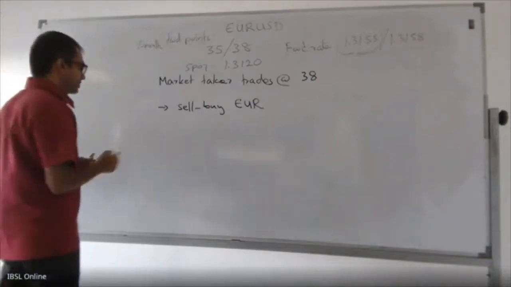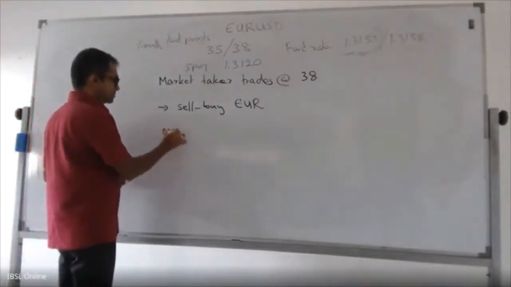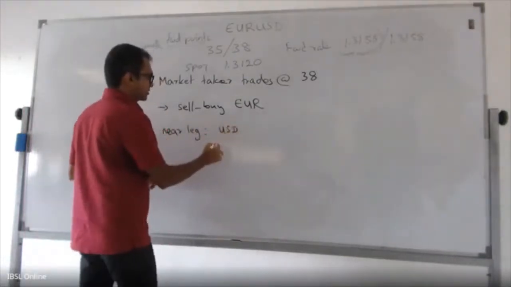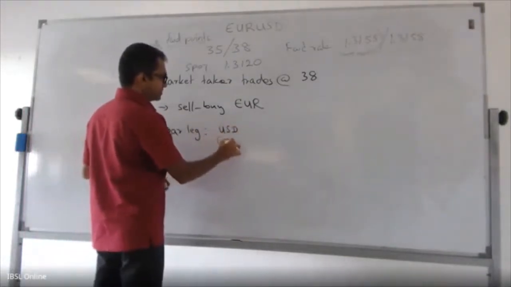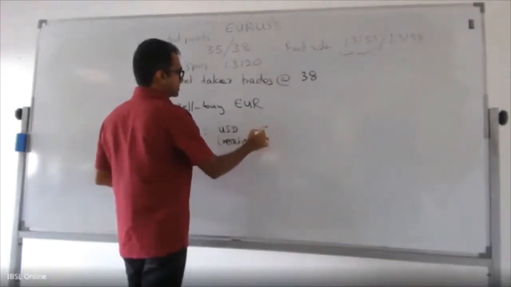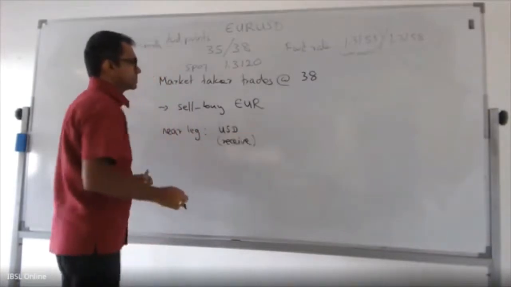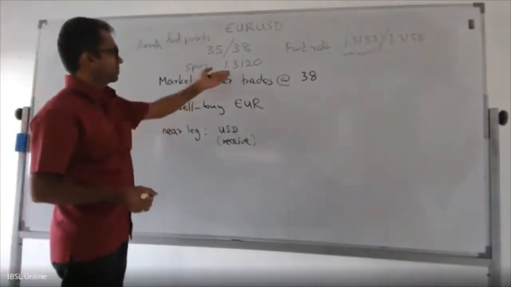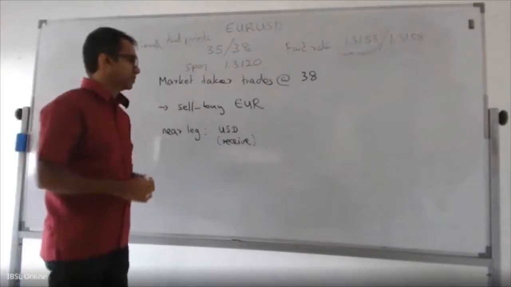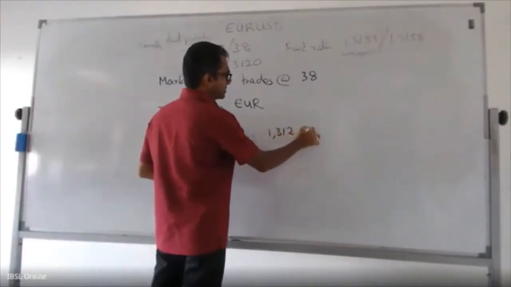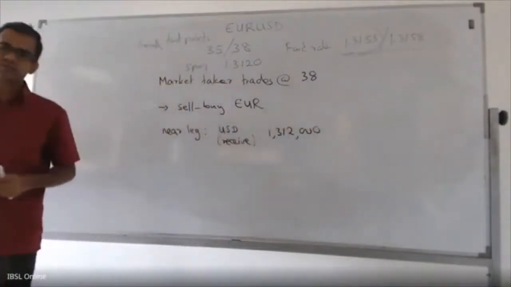So then near leg, what is the dollar amount that you receive? The applicable exchange rate is still 1.3120. So 1 million and 312,000.